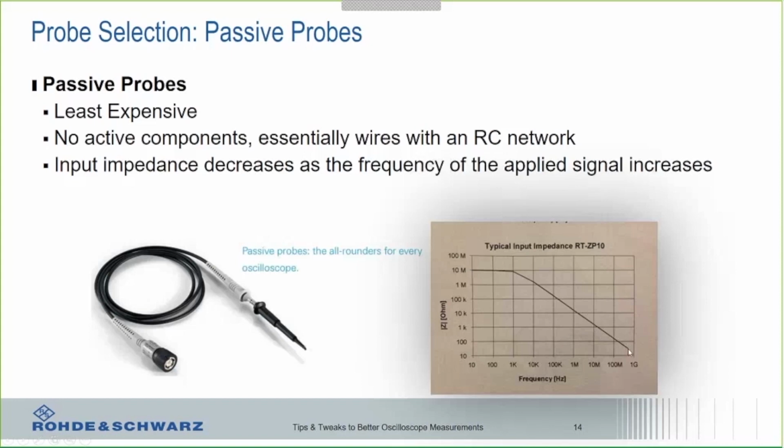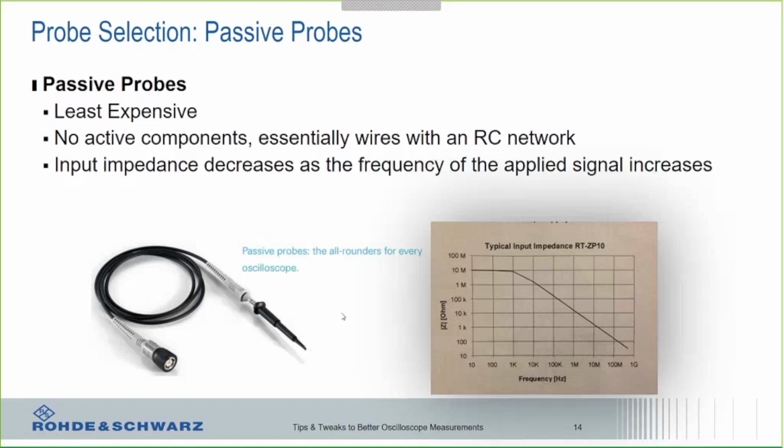And so, for example, here we can see at 500 megahertz, we're down close to 50 ohms for the input impedance on those probes. And as you can imagine, that can end up having a very big impact as you attach the probe to your device under test. So if you've ever had a probe that when you plugged it on, your device under test quit working, that was probably caused by the input impedance of the probe.